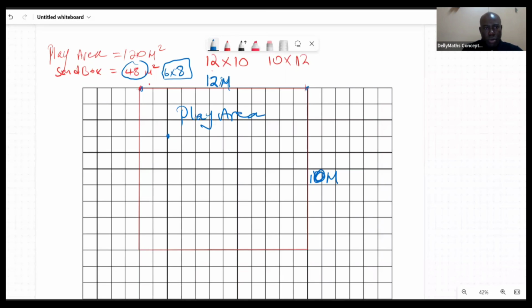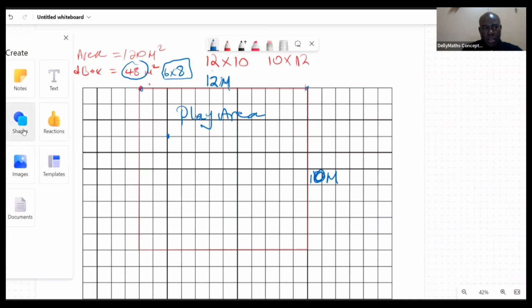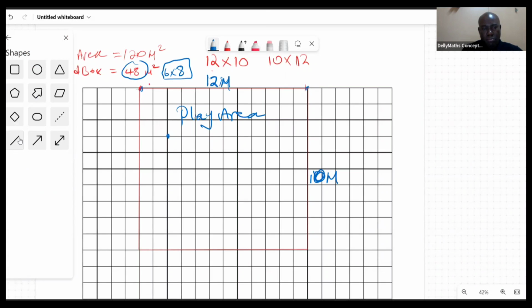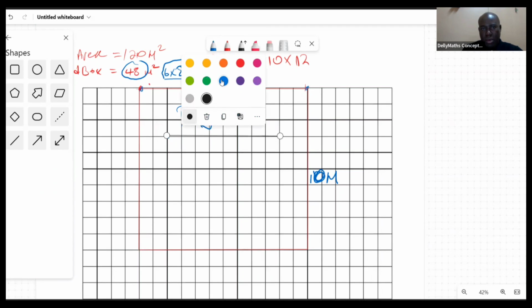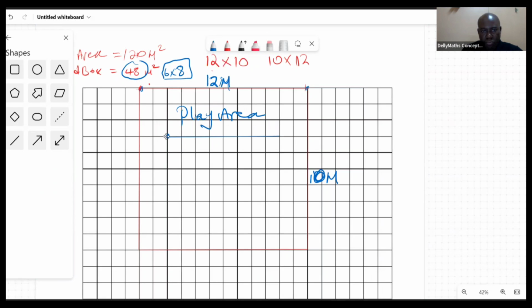I'm going to go 8 across. That's 8. I'm putting it in blue. I'm going to go down 6.